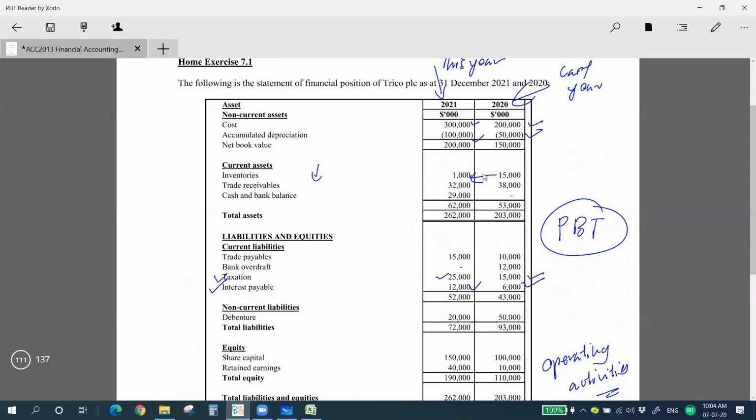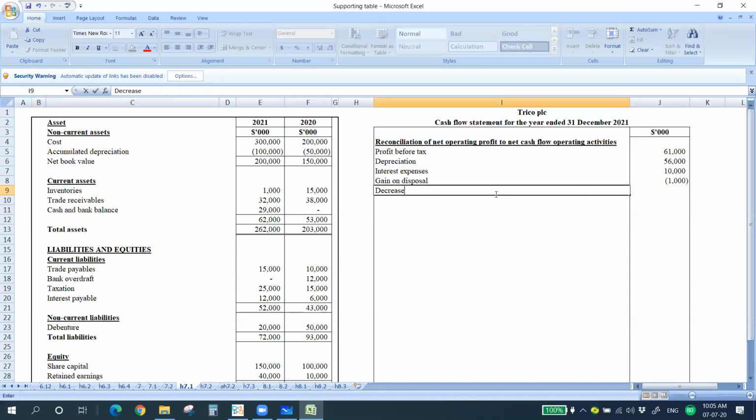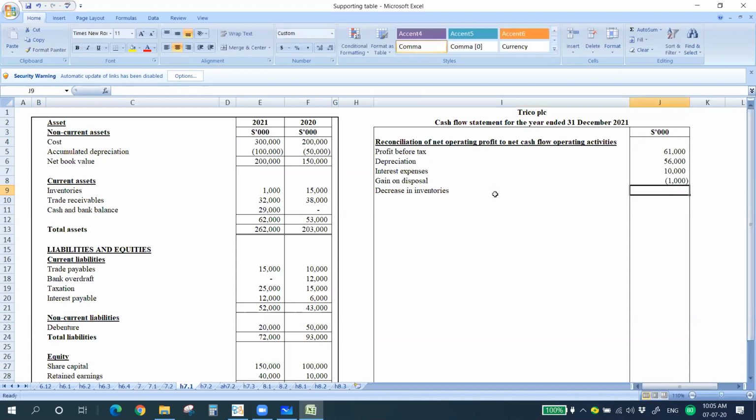Decrease by 14,000. So tell me, decrease of your inventory 14,000, we show positive or negative amount in your cash flow statement. So decrease in inventories. So Aidan answer is positive. How about others?